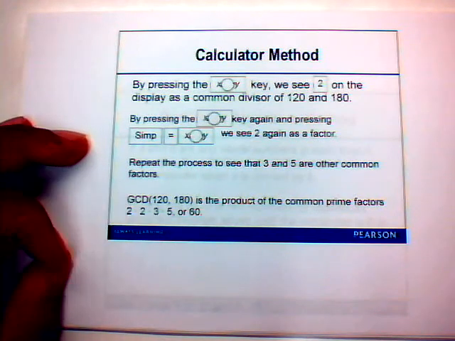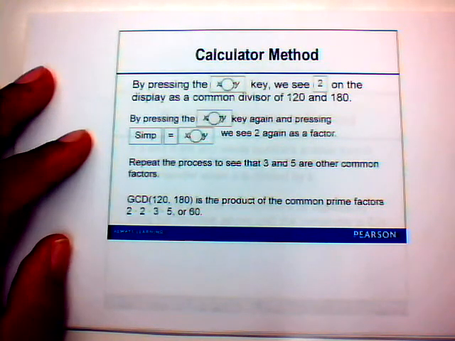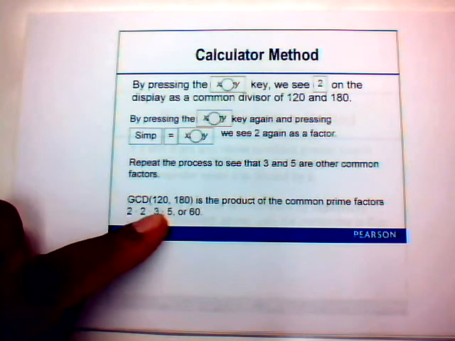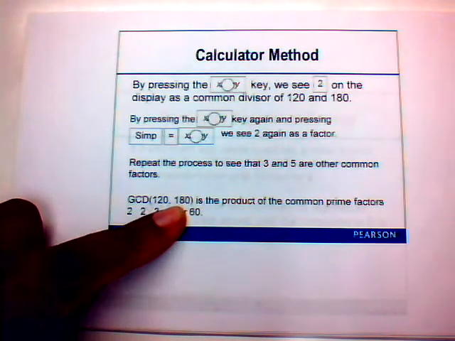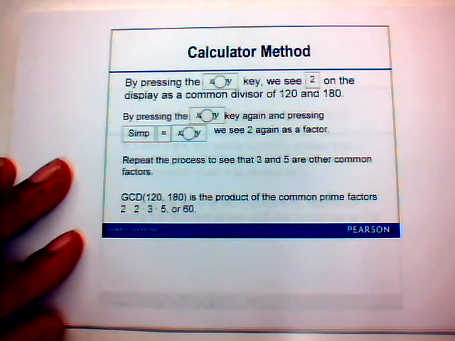And then keep repeating the process to see that 3 and 5 are common factors. So here, the GCD for 120 and 180 is the product of the common factors 2 times 3 times 5, or 60.